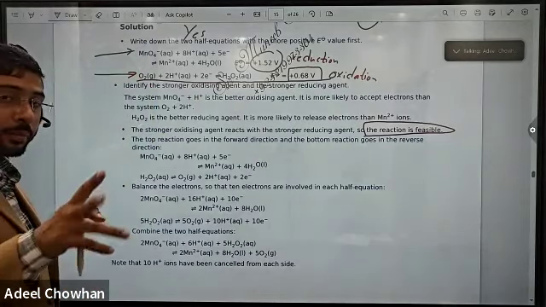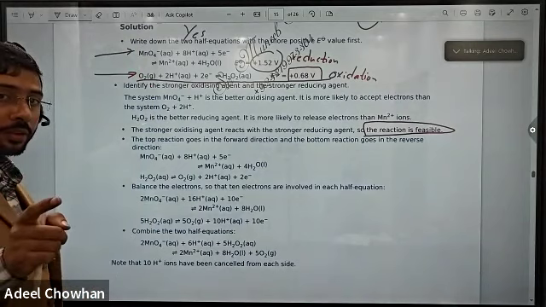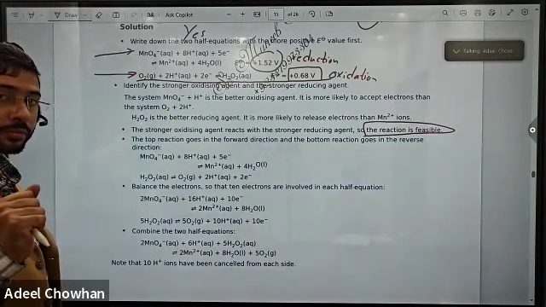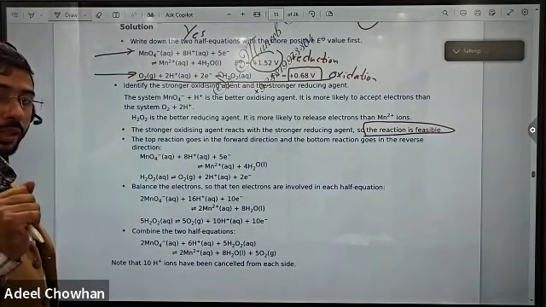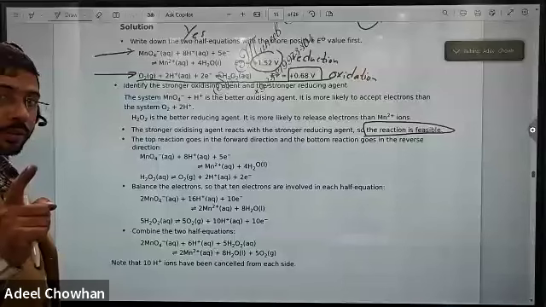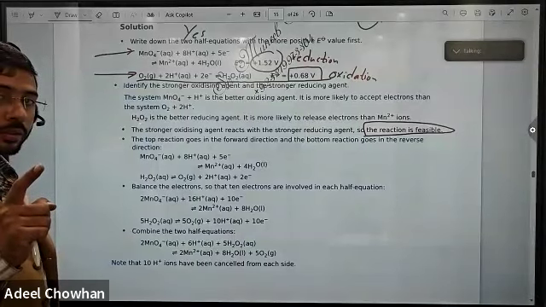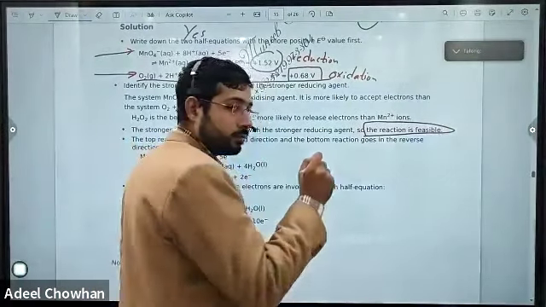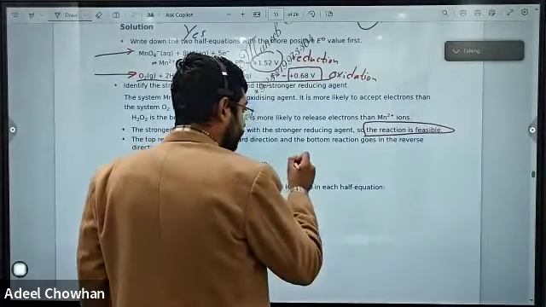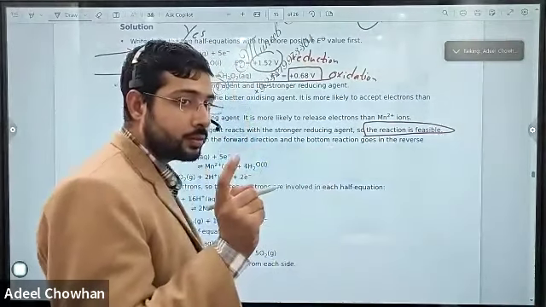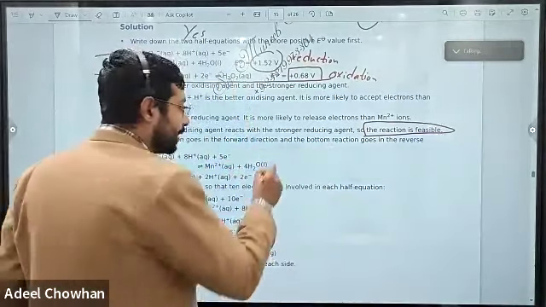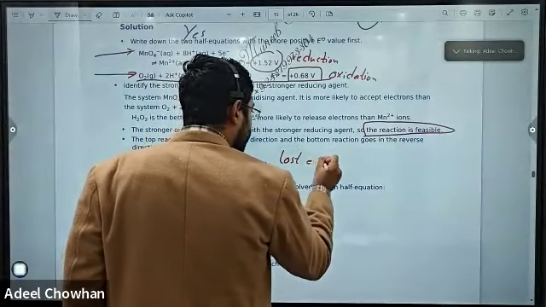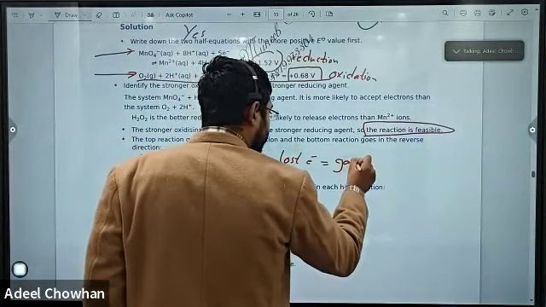But before combining the two reactions, what is the basic necessity for redox reactions in terms of electrons? Exactly. Lost electrons must be equal to gained electrons, right?